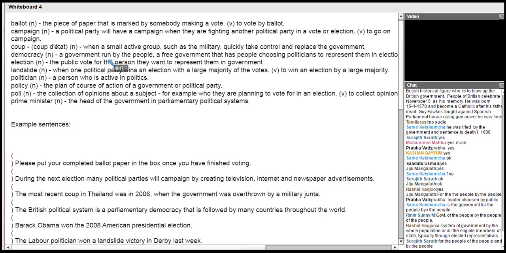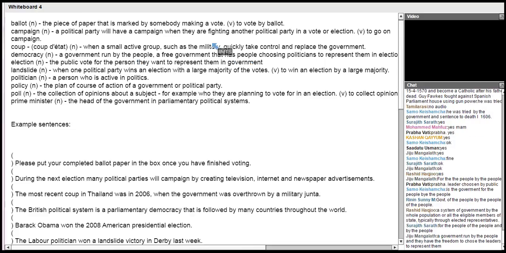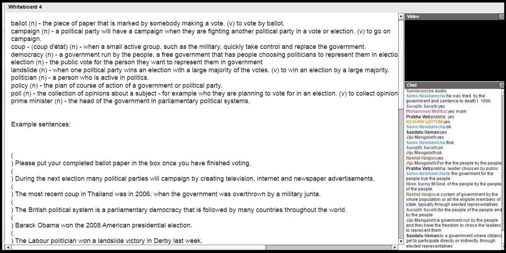Now, election. The public vote for the people they want to represent them in government. All right, Gigi. Great. Landslide. What is landslide in accordance with the political vocabulary? When one political party wins an election with a large majority of votes, then it is landslide. Like this time BJP has got the majority votes, right?